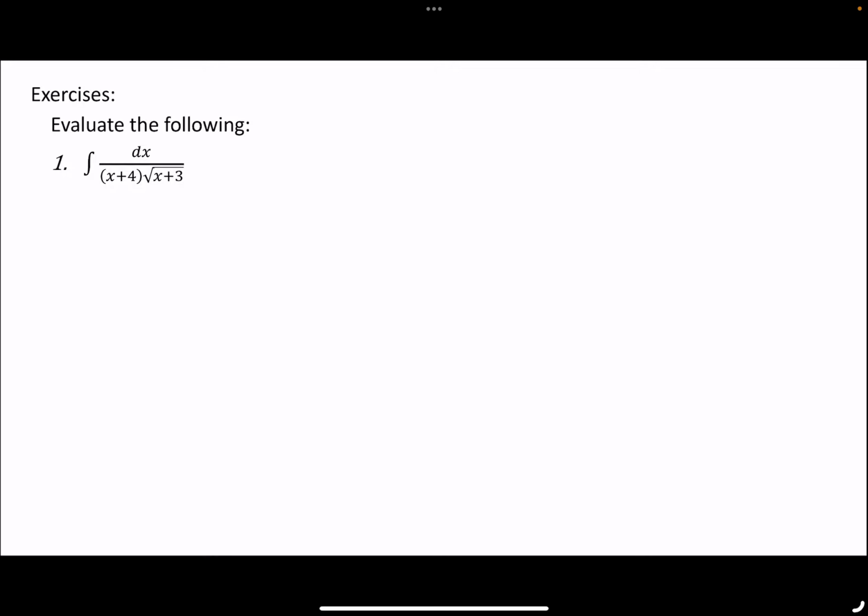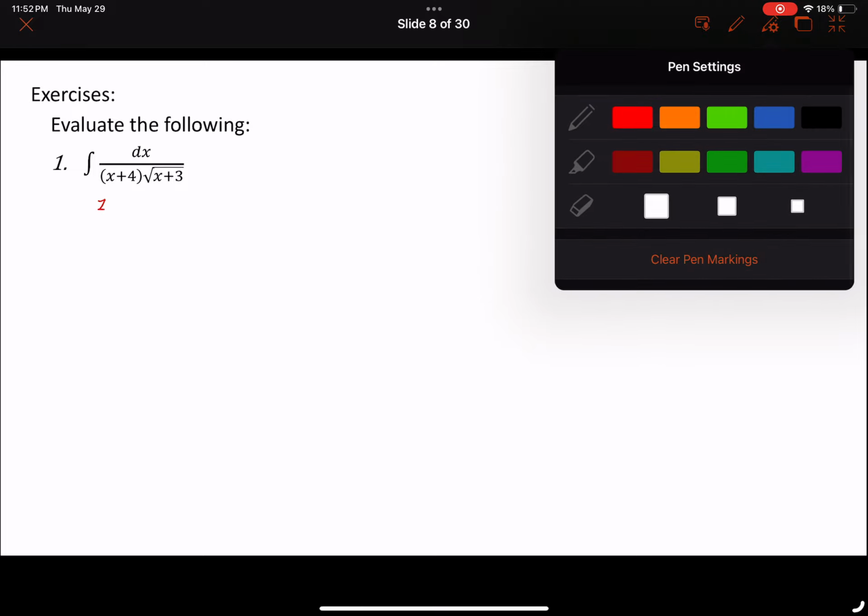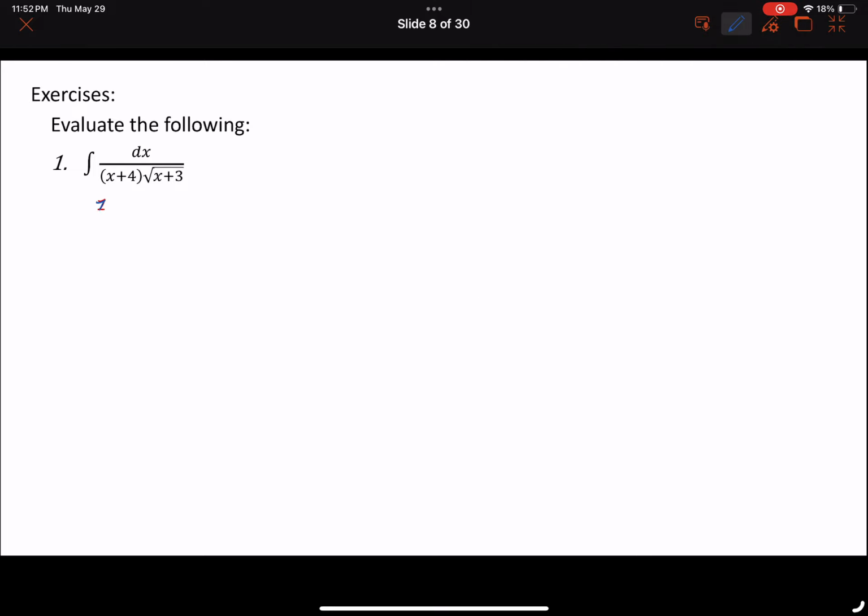I think it's quite obvious that we should set z equal to the square root of x plus 3. So z squared is equal to x plus 3, so x is equal to z squared minus 3 and dx is equal to 2z dz.